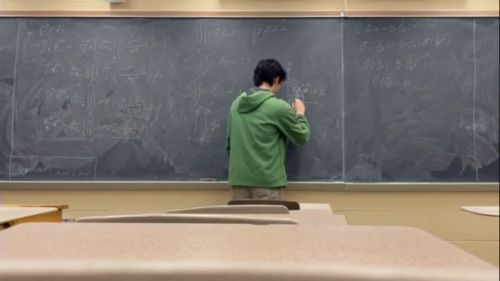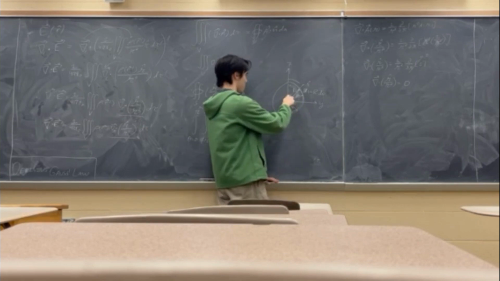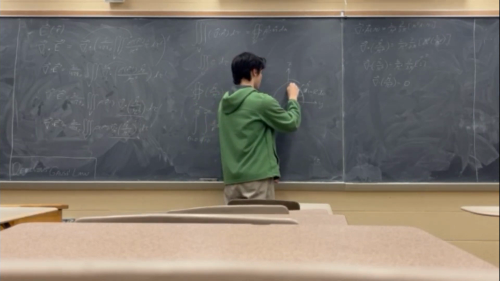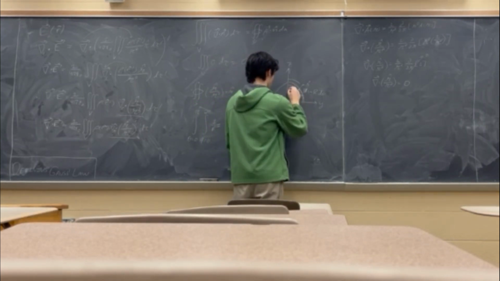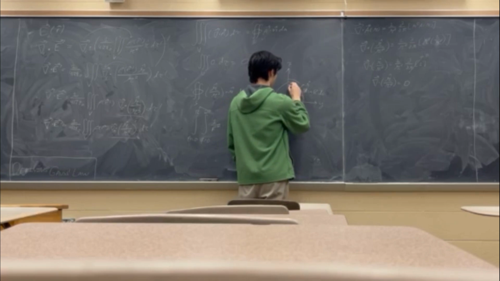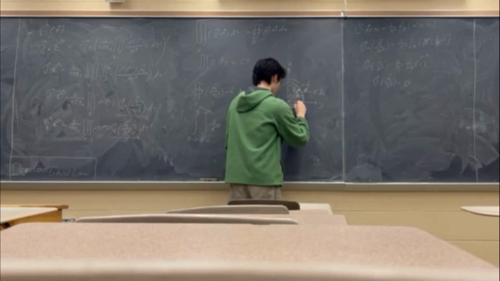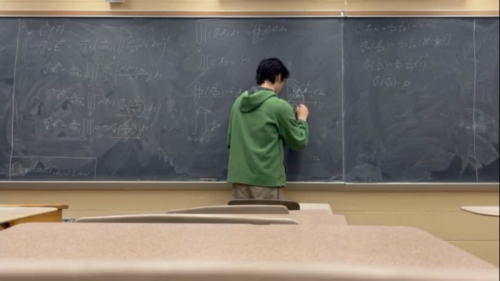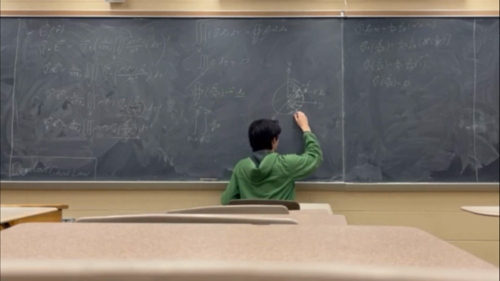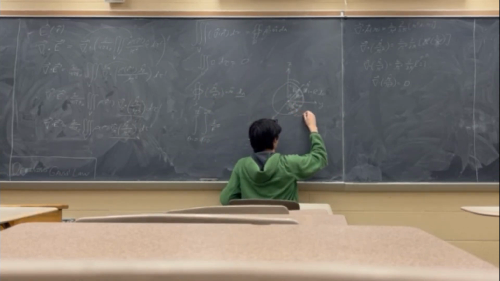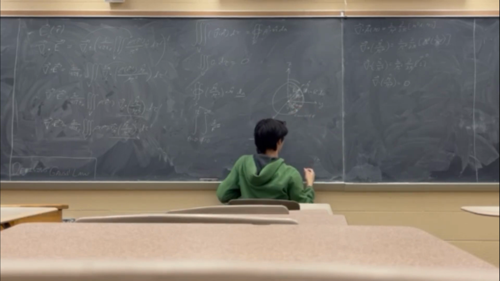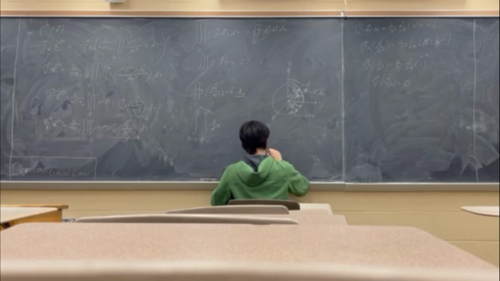So this is going to actually be r times the sine of this angle theta. So here we have r sine theta d phi.